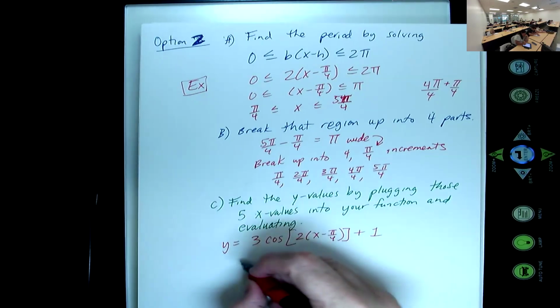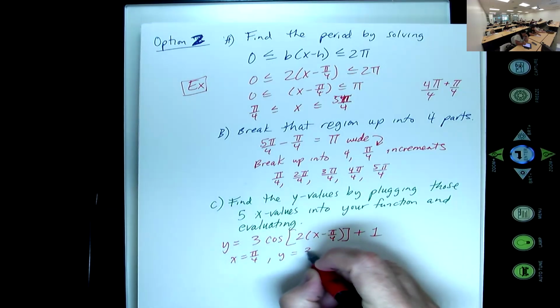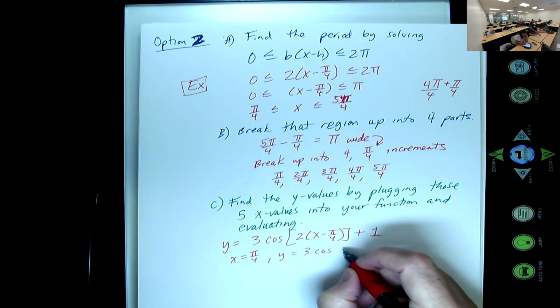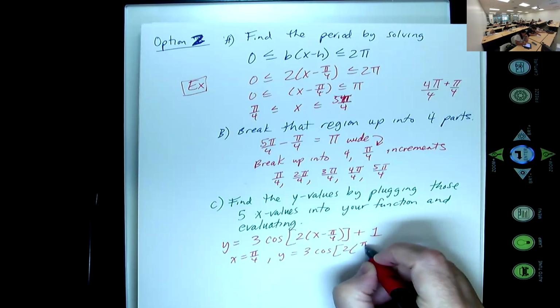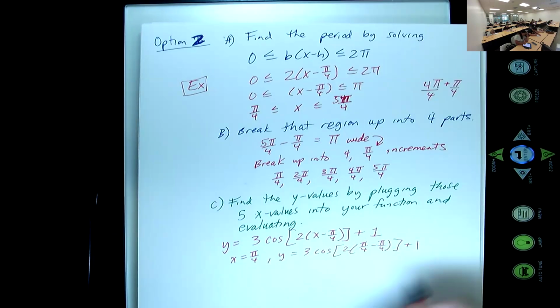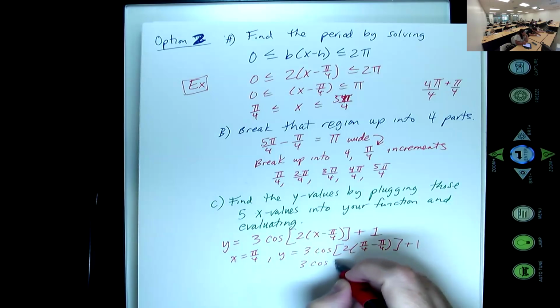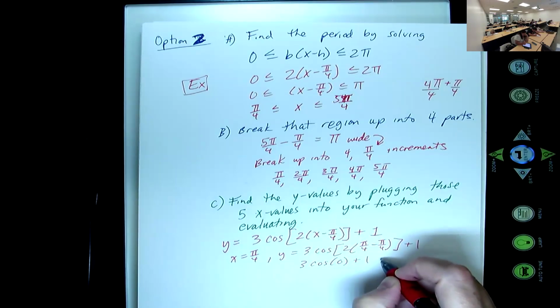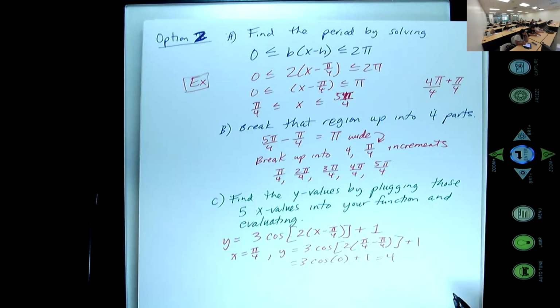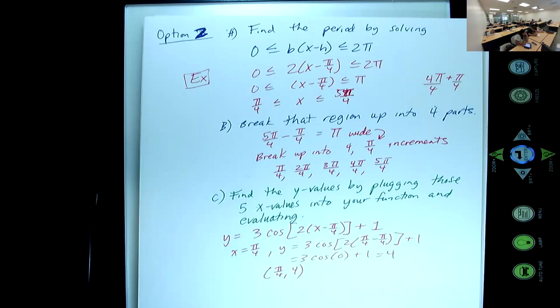When I do x equals pi over 4, I get y equals 3 cosine of 2 times pi over 4 minus pi over 4, plus 1. This is 3 times cosine of 0, plus 1, or 4. I will have a point at pi over 4, comma 4. And do this for all 5 points.